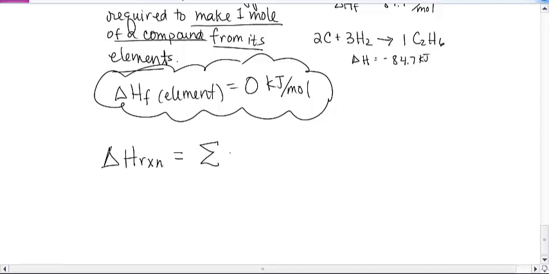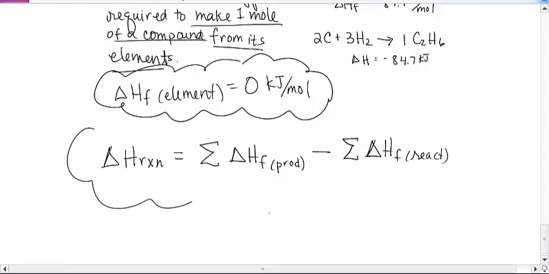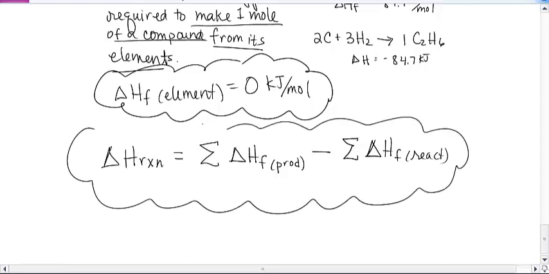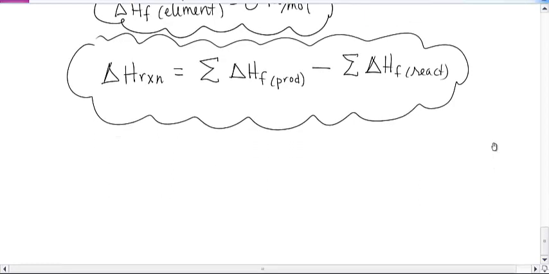So the sum of the heats of formation of the products minus the sum of the heats of formation of the reactants. This is Hess's Law short, which might not mean anything yet, so I'm going to do the example with you, the same one we just did, so we can see how it works.